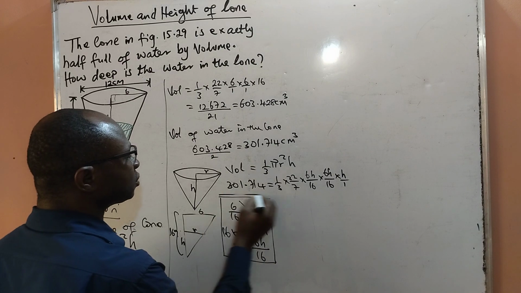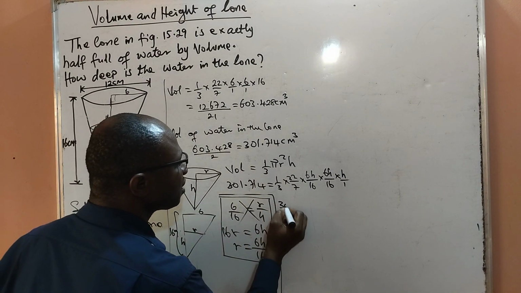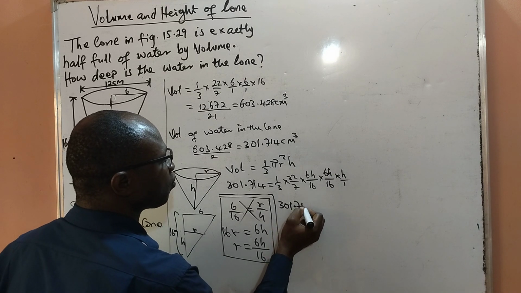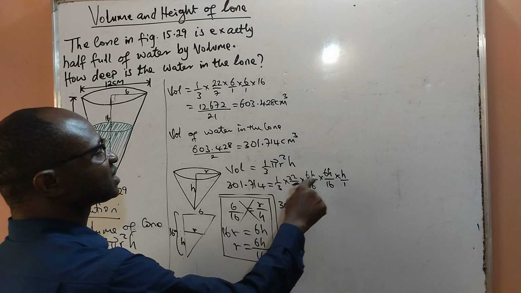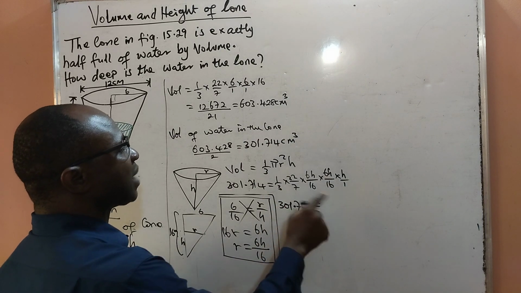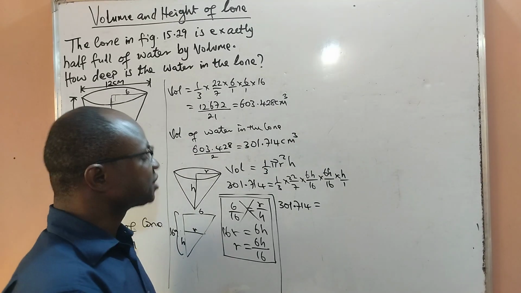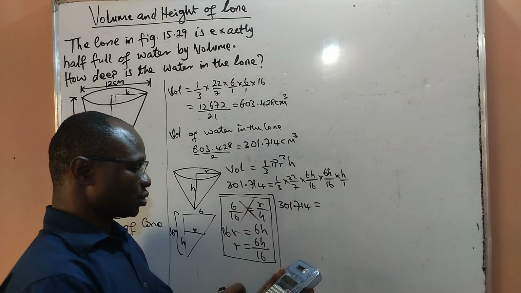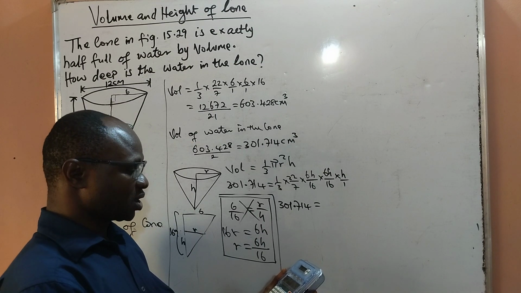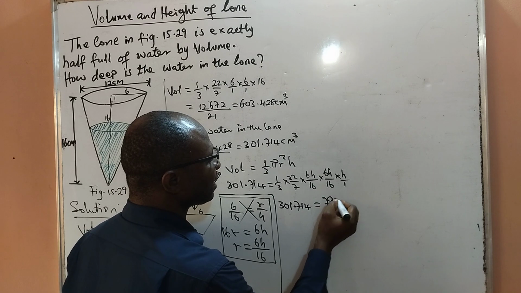So moving forward from here, what I will now have is 301.714 is equal to 22 times 6 times 6. Meanwhile, I have h times h times h, which will give me h cubed. But 22 multiplied by 6 multiplied by 6 again is going to give me 792.